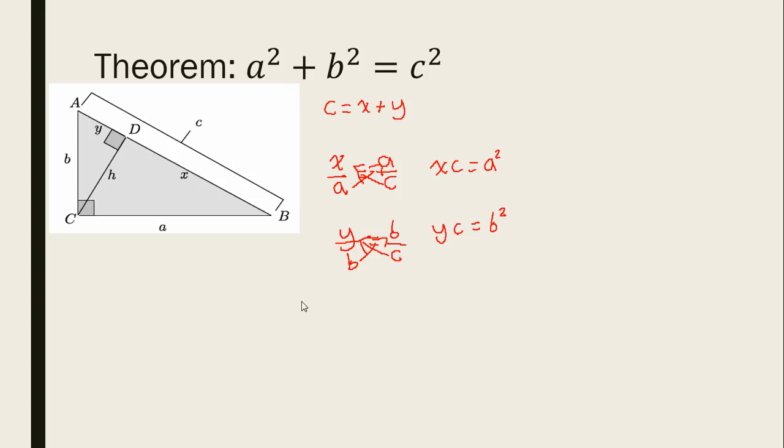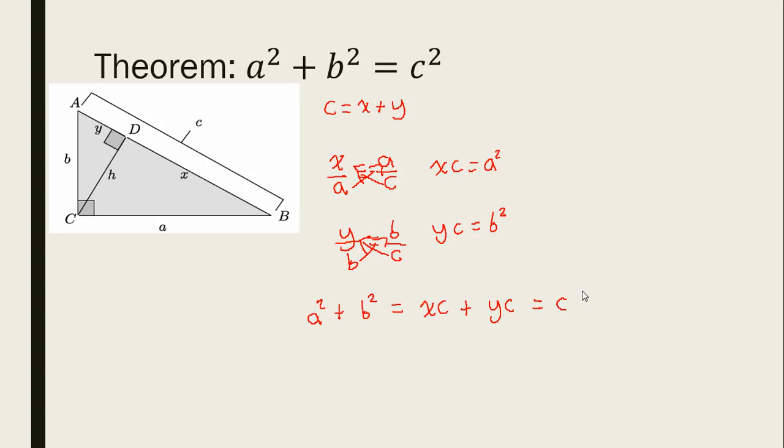So let's go ahead and add them together. So I have a squared plus b squared. But that's simply just equal to, from this last step, xc plus yc. But look at that, they actually both have c in common, so let's factor out a c from both of them.